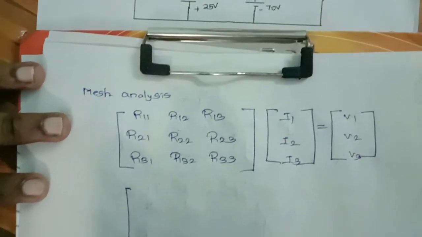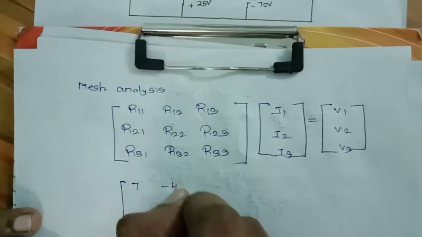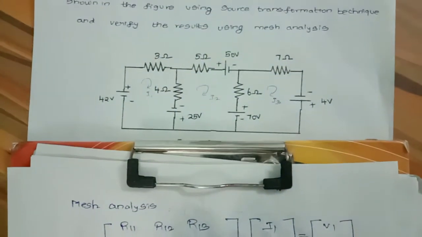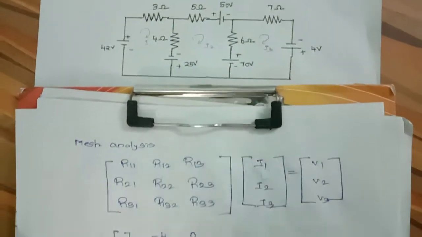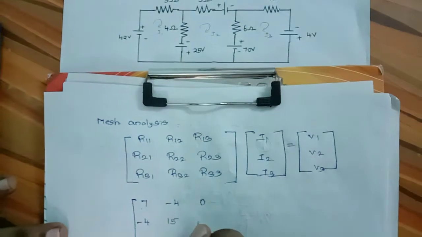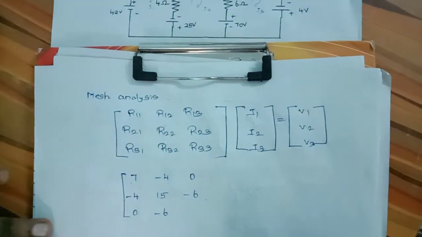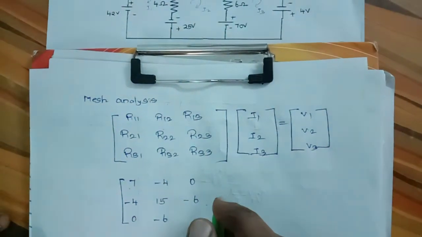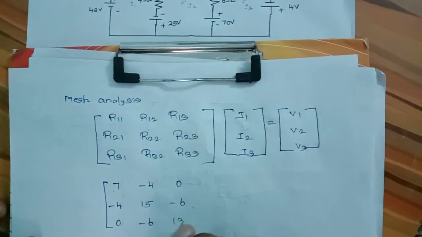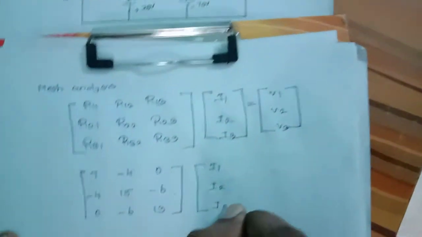So I am taking the sum of resistance. 3 plus 4 is 7. Sign is positive, minus 4. There is no connection between 1 and 3, so it is 0. Again you will get minus 4. 5 plus 4 is 9, 9 plus 6 is 15. And 2 and 3 is minus 6. Similarly 3 1 is 0, minus 6, and you will get 13. So this is the matrix, and the currents are I1, I2, I3.